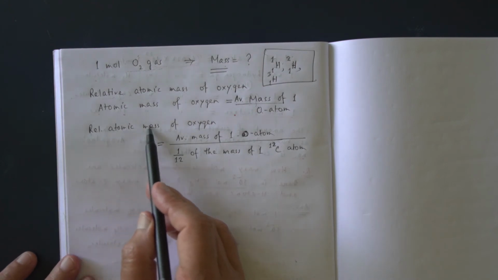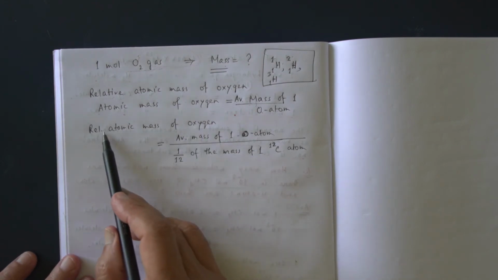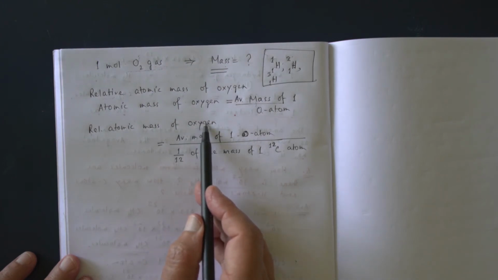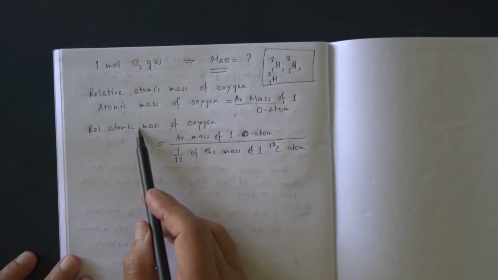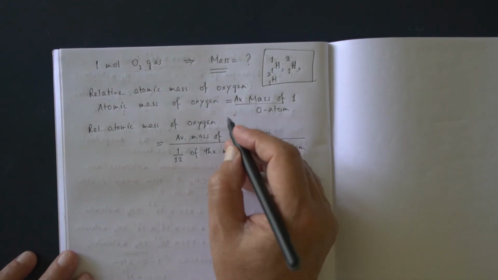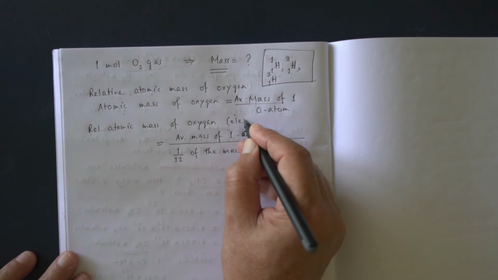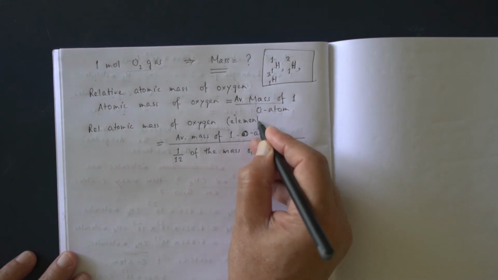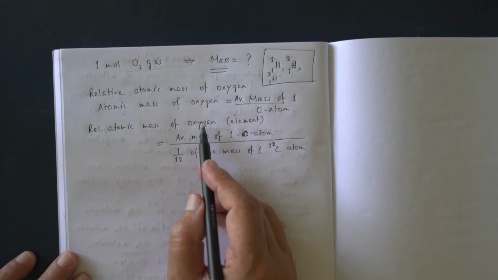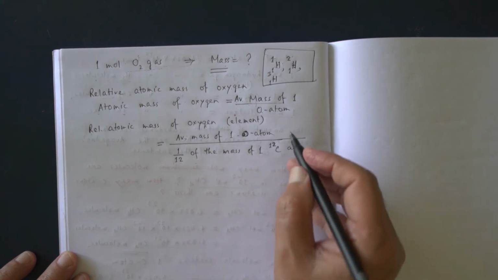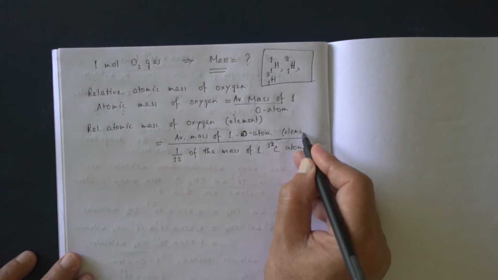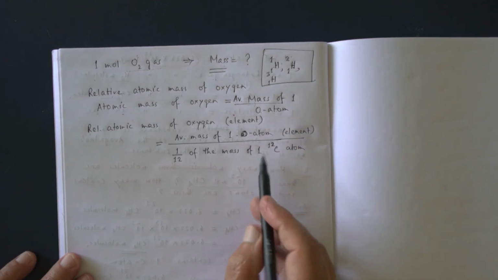So the definition of relative atomic mass is this: the relative atomic mass of an element. Say any element. I keep saying you can take any element. I have taken an oxygen atom, so oxygen atom means an element, but this is carbon.